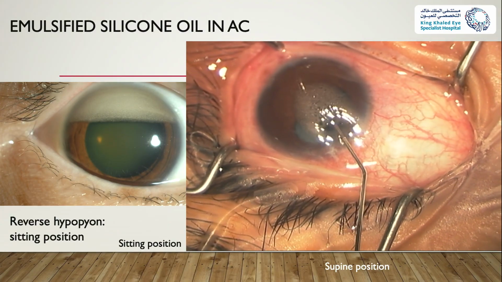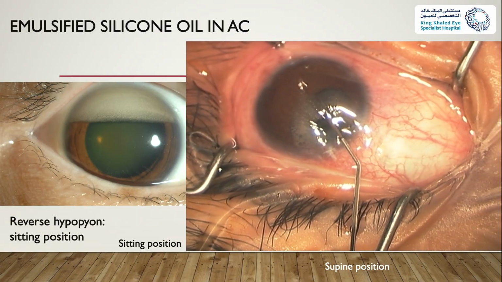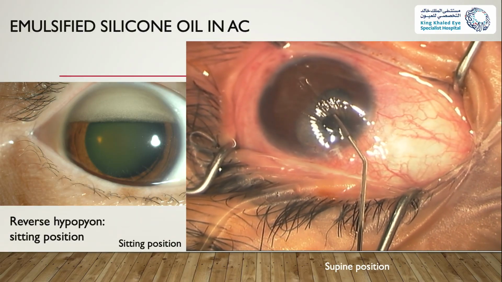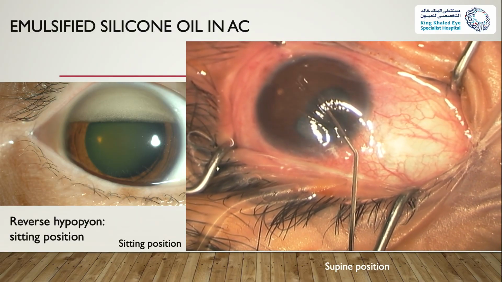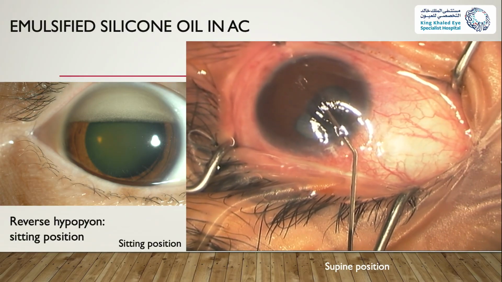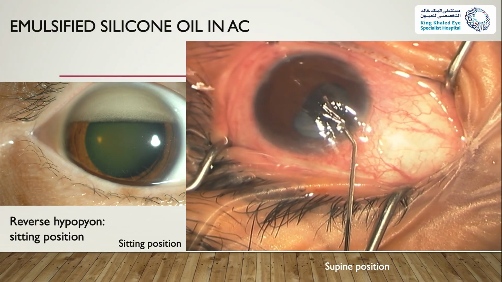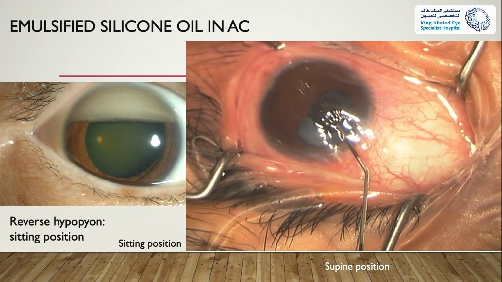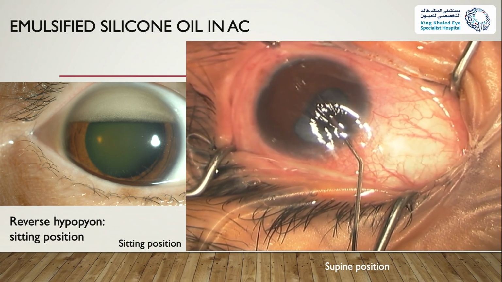That way you can minimize the problem, because if you have a wound that is too generous in size, then the manipulations you do will actually create more bubbles coming out from behind.